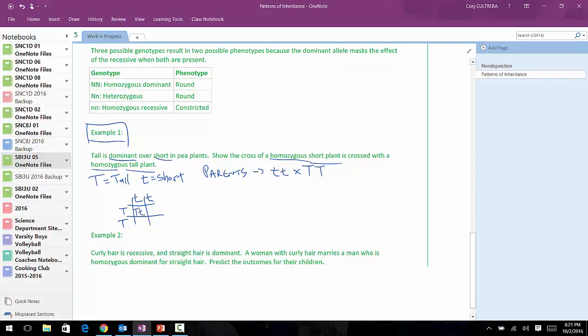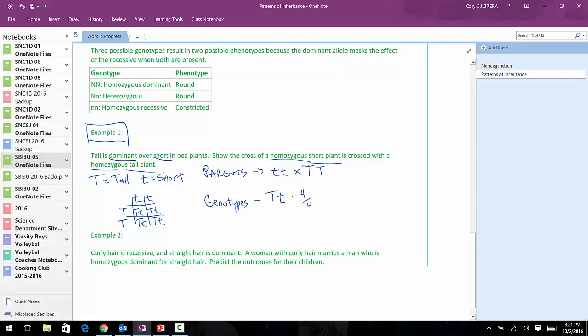So we have big T, little t, big T, little t, big T, little t, and again big T, little t. So always end by writing out your genotypes and your phenotypes. So our genotypes in this case are just big T, little t.